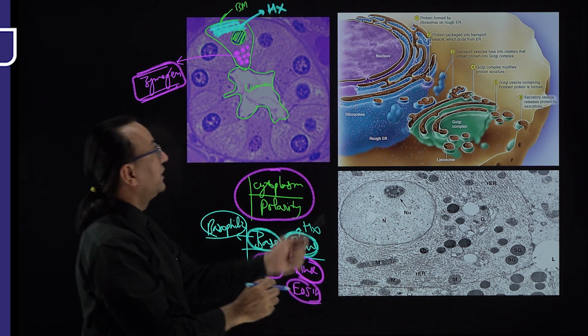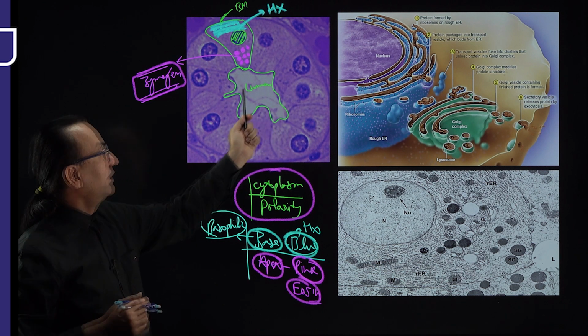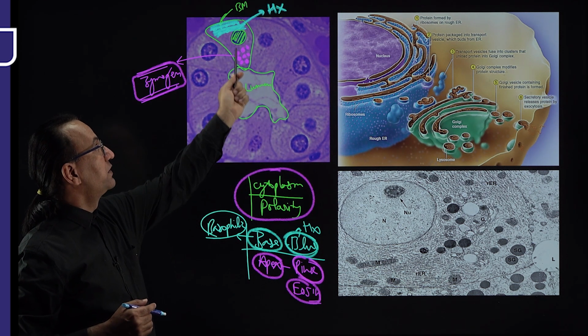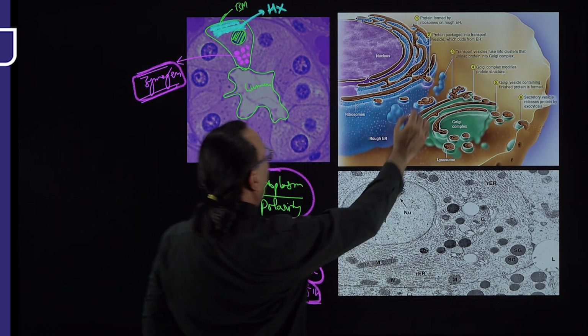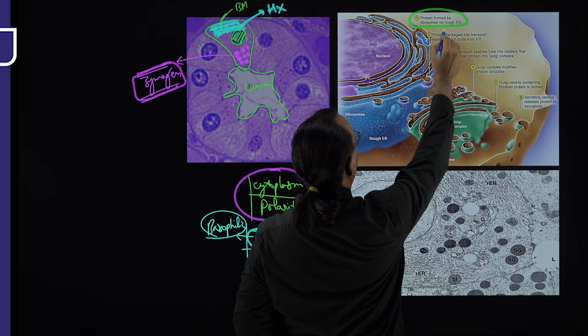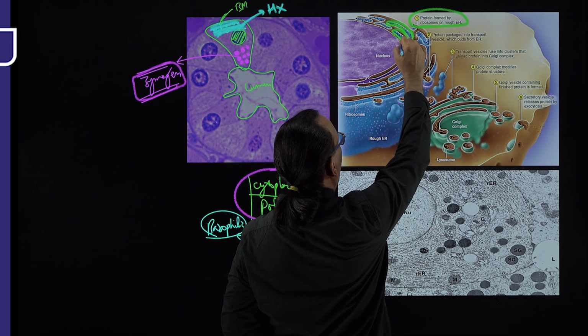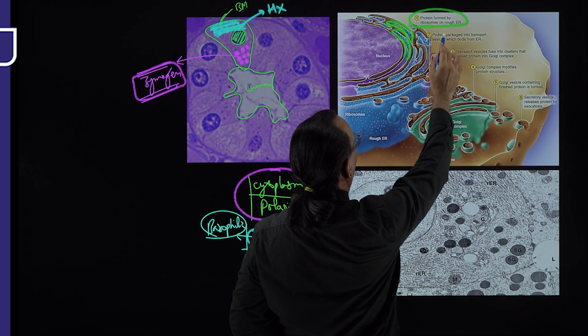And the same can be described in the electron microscopic picture also. We have to understand that around the nucleus and more towards the base, we were having the rough endoplasmic reticulum. So this is the rough endoplasmic reticulum, which is a cell organelle which is membrane bound, tubules which are having a lot of ribosomes involved in protein synthesis.